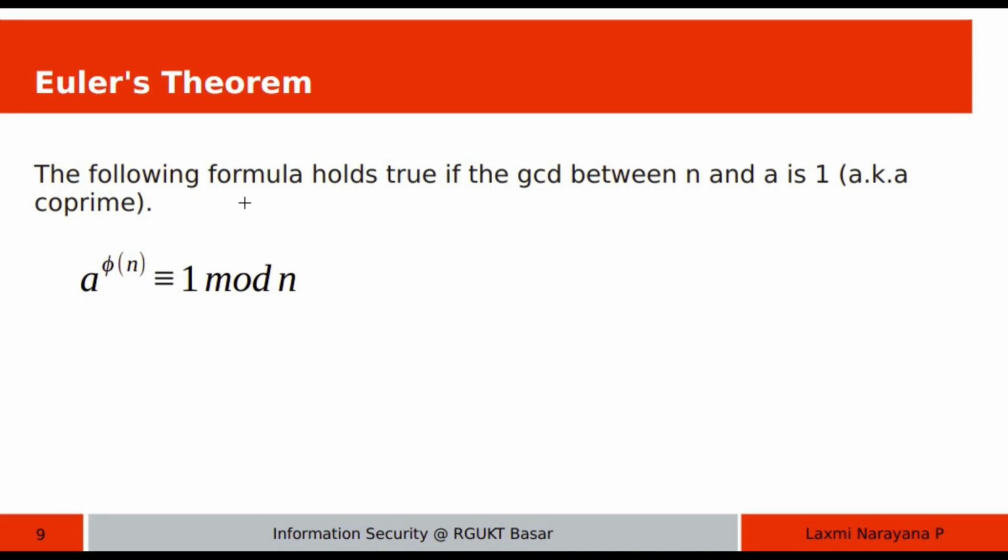Then Euler's theorem: a power phi of n is congruent to 1 modulo n. Here phi of n will be the Euler's totient function. This formula will be true if a and n are co-prime, means GCD of a and n will be 1.